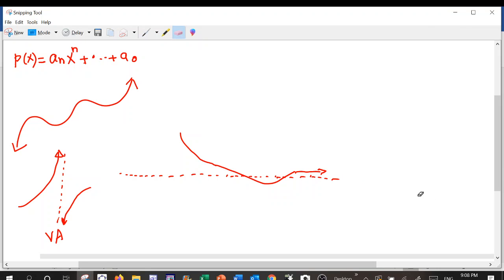If you go to infinity, the graph gets closer and closer to this line. Around 0, not at infinity, the graph might cross the horizontal line. So this is called a horizontal asymptote.